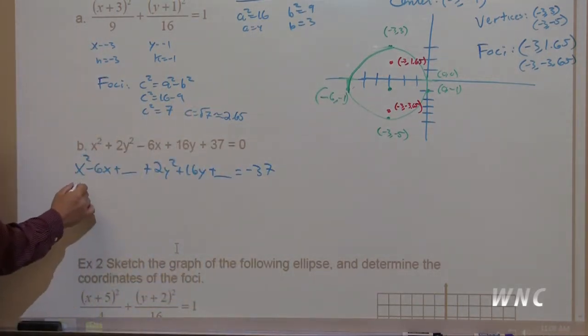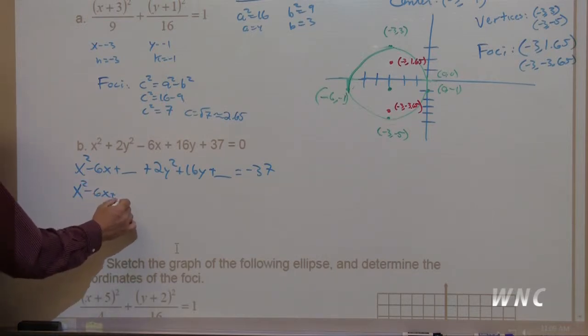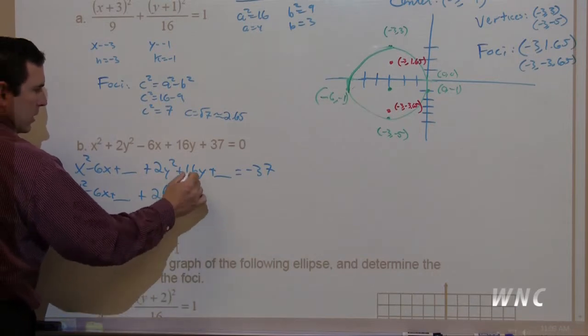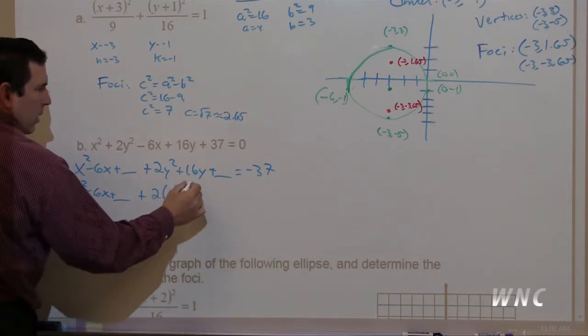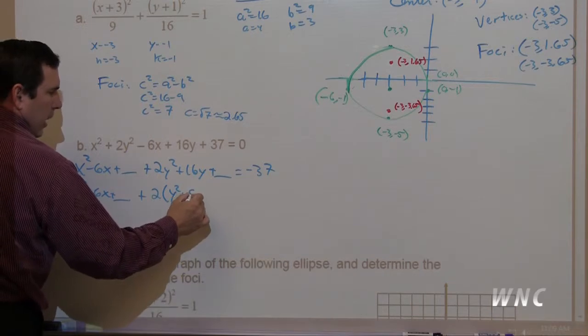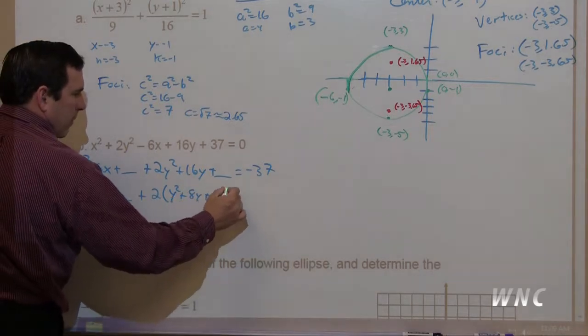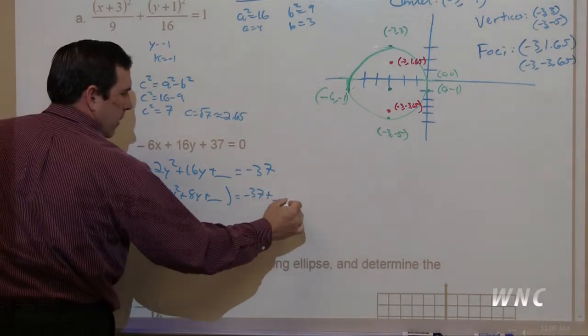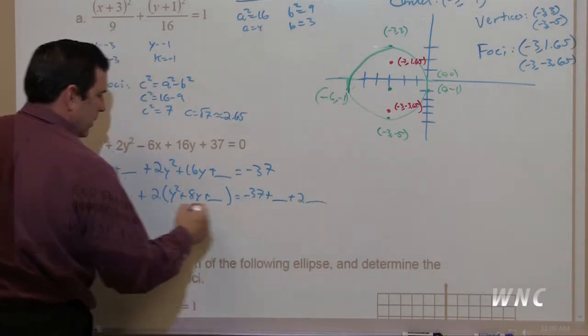This would be x squared minus 6x plus the blank plus 2 times the quantity y squared plus, let's see, that's going to be 8y plus the blank equals -37. I forgot to do my plus blank, plus 2 times the blank for the second case.